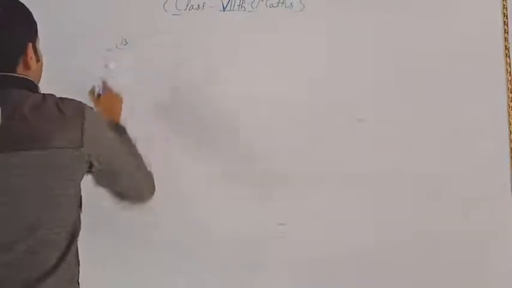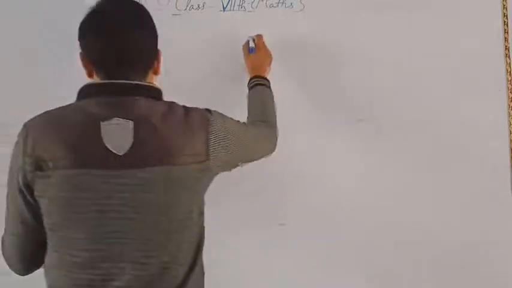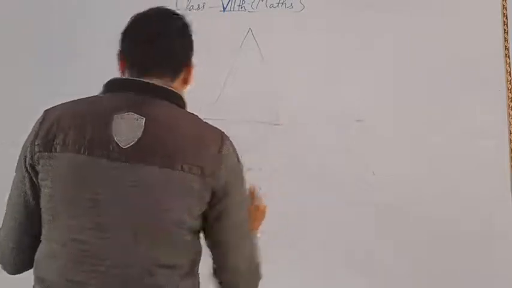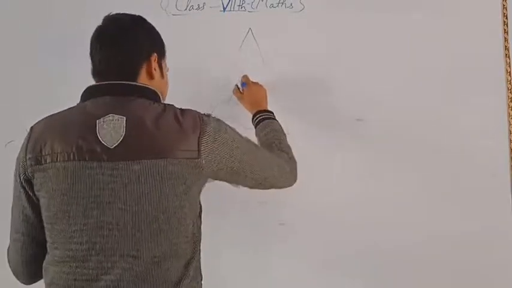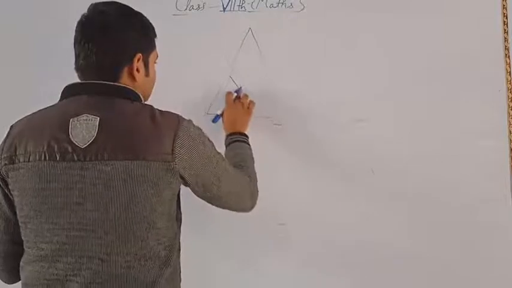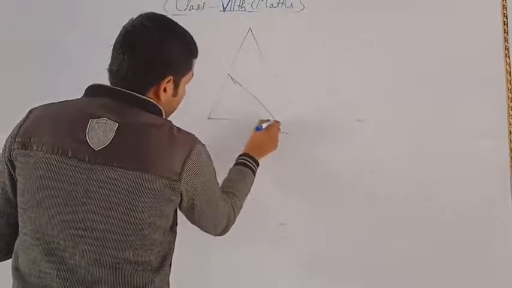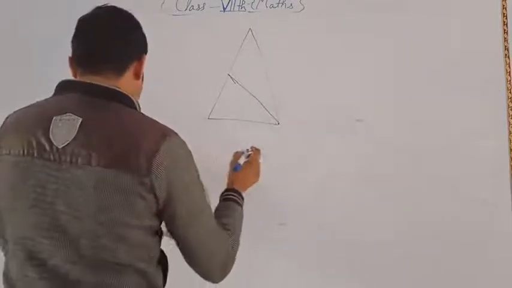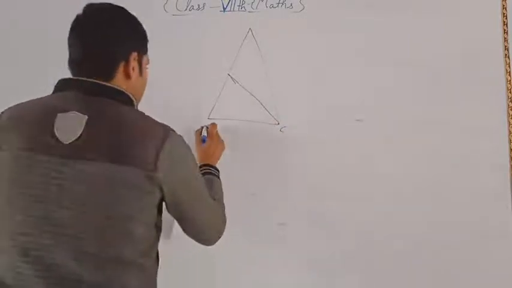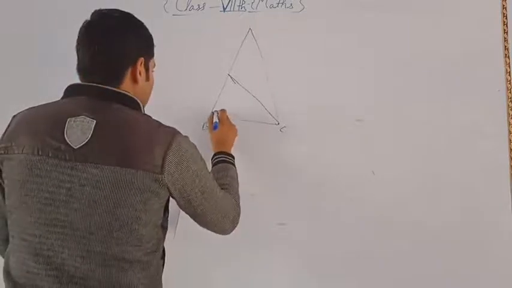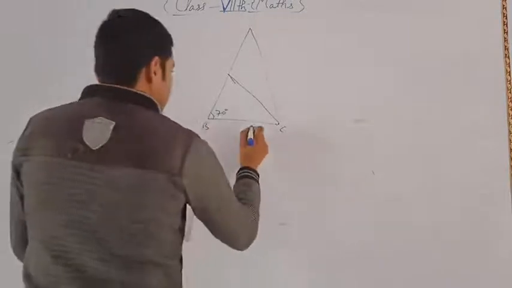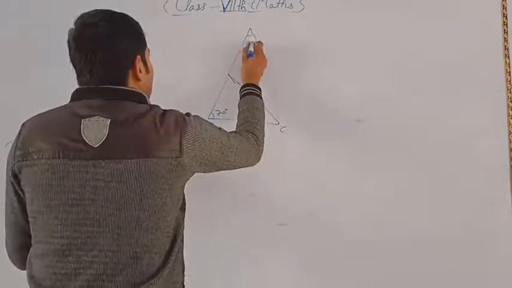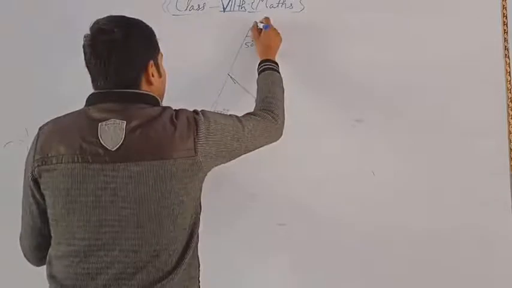In problem number 13 also, this type of figure is given. Here it is given that this is C, this is B, 70 degrees. This side is equal to this side, 50 degrees.